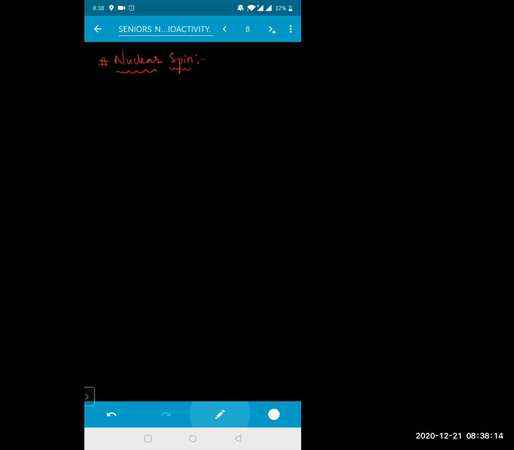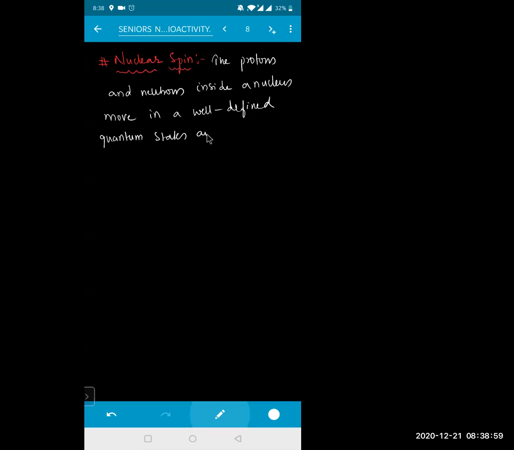So I can write the point now: the protons and neutrons inside a nucleus move in well-defined quantum states, and they have orbital angular momenta.